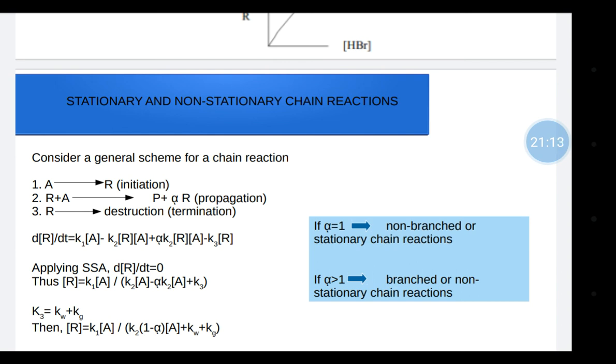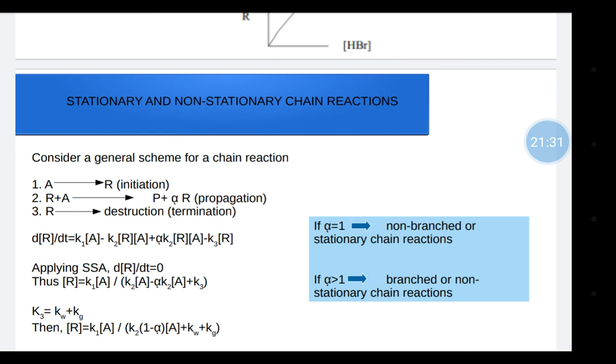Now, if alpha is greater than 1, that is, more than one chain carrier is produced in the propagation sequence of a reaction, the chain is termed a non-stationary or a branched chain reaction.